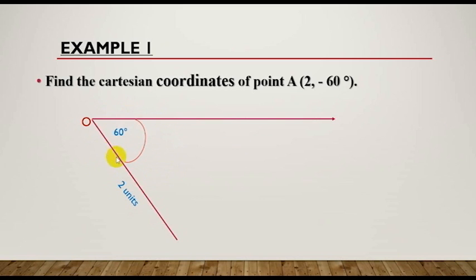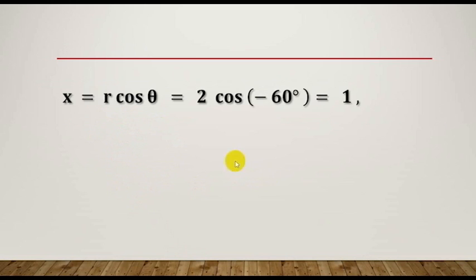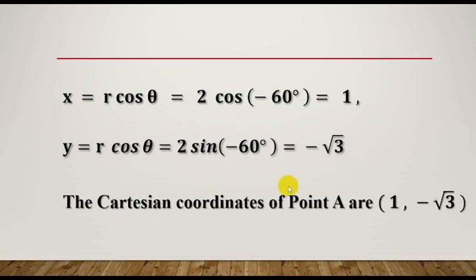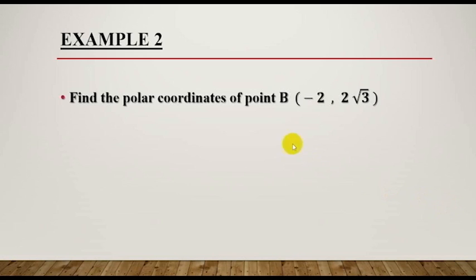Then these are our values, this theta and this r, so we apply them in the equation x equals r cosine theta, so it will be 1, and y will be r sine theta, not cosine theta, r sine theta, like this. It will be negative square root of 3. So this one is cosine theta and this one is sine theta. So A in Cartesian will be 1 and negative square root of 3.